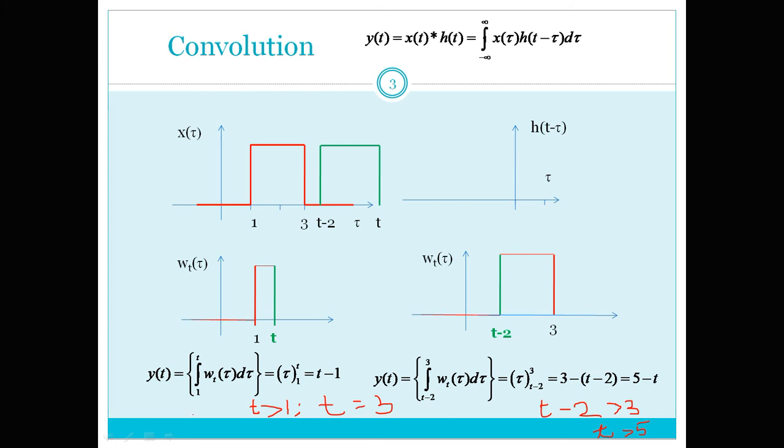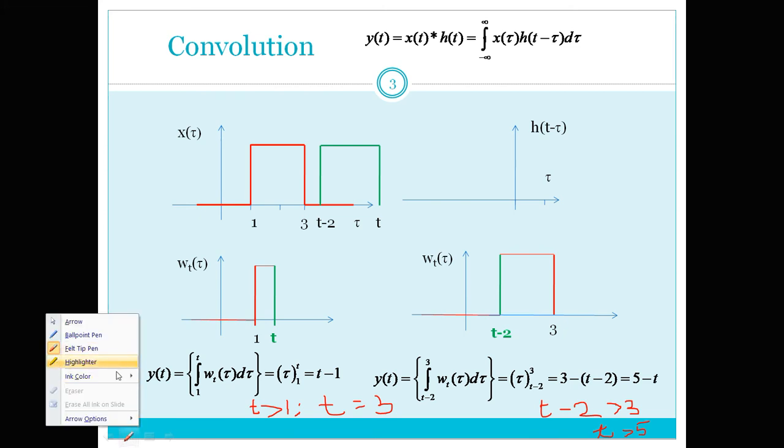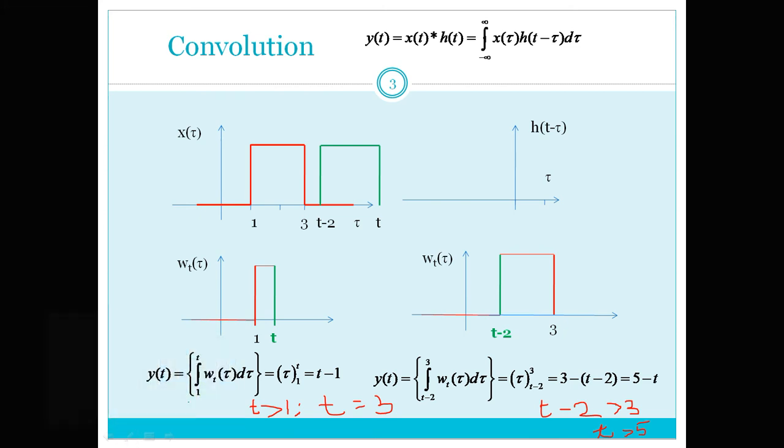Now I can conclude, let me conclude in green color. So what are the exact limits? Okay, I want to tell you the limits now. If t is less than 1, the value is 0. So the t value should be greater than 1, then only this case will come into picture.